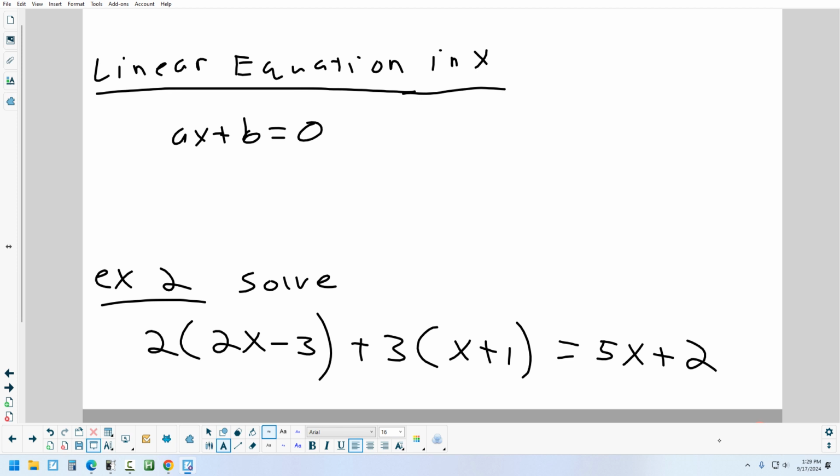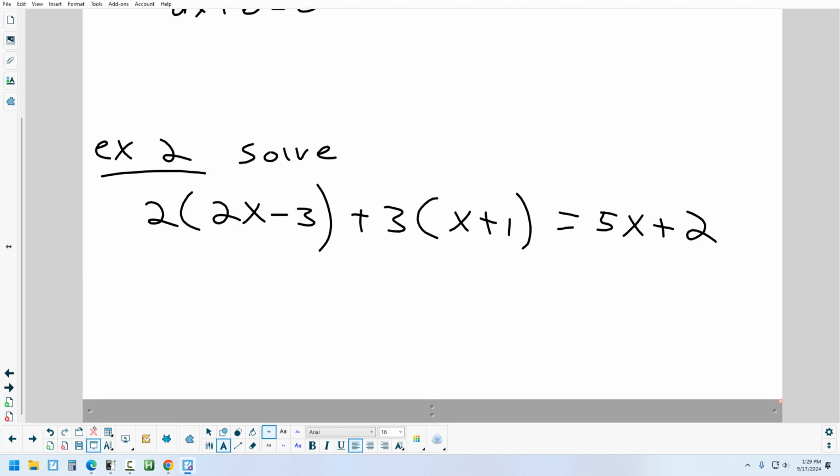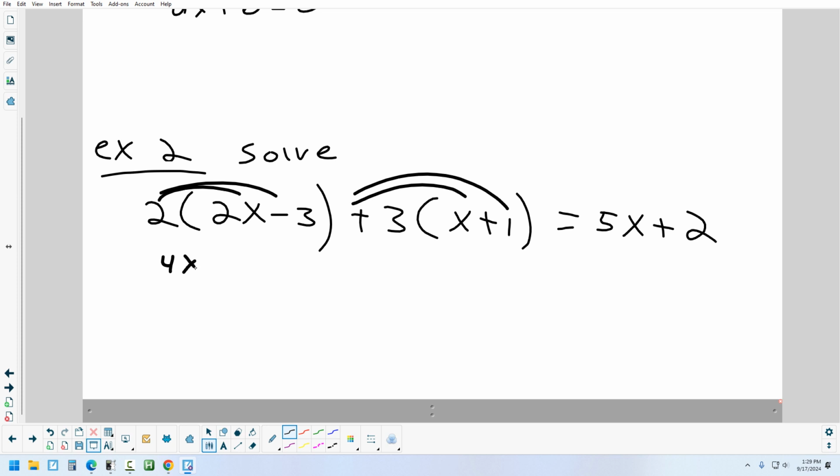So let's see if we can solve this one. What would be my first step to solving that equation? Yeah, we've got to distribute here and here. What's 2 times 2x? 4x. And 2 times negative 3? -6. 3 times x? 3x.